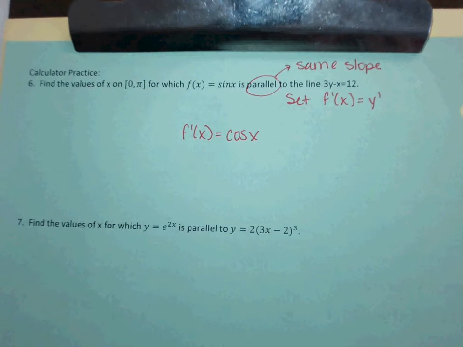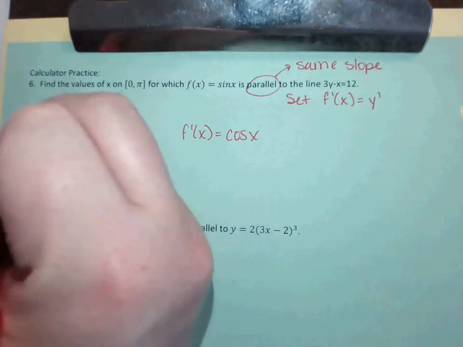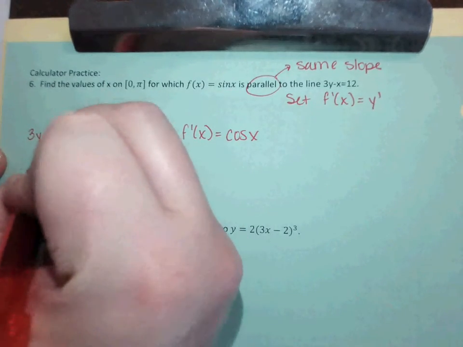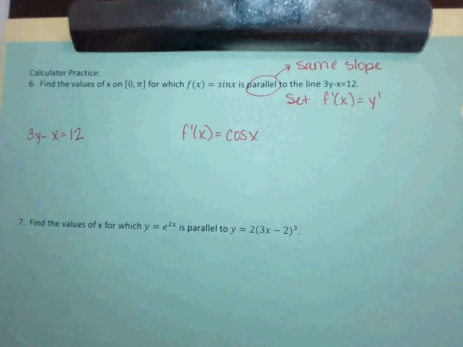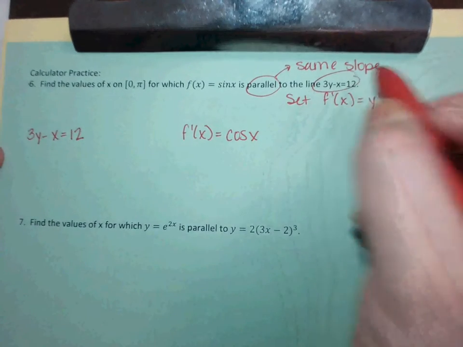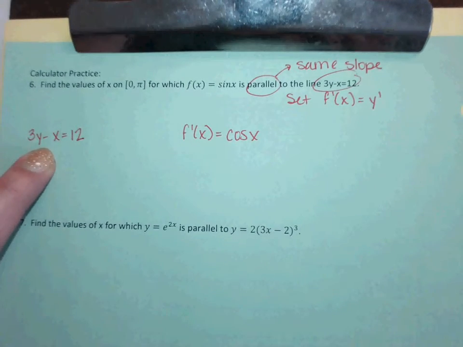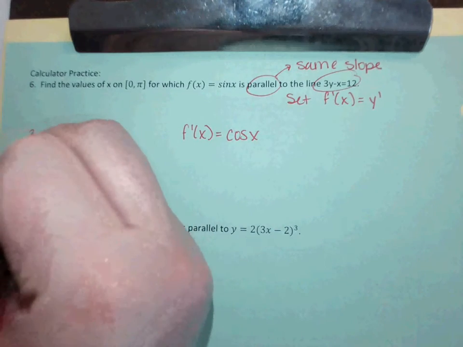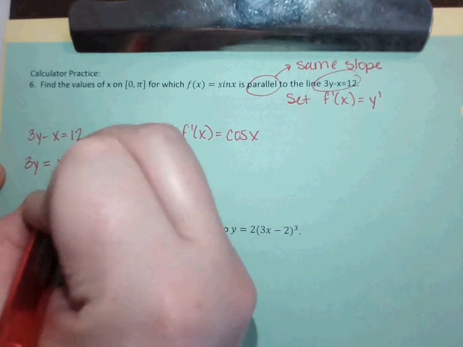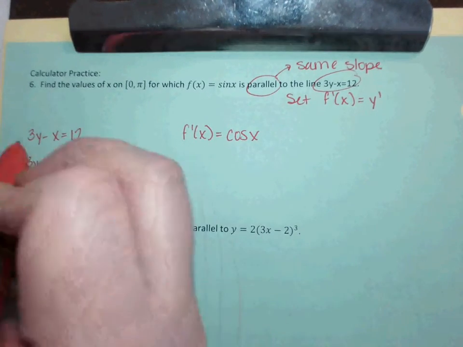So we're going to have to solve it for y equals. So if it's 3y minus x equals 12, I'm just pulling my equation from here. I'm going to have to get y by itself. What would I do first? Bring the x across. Now it's an x plus 12, then divide by 3.